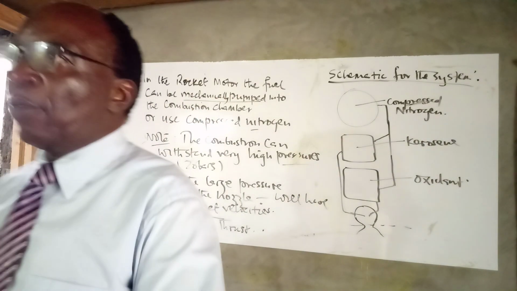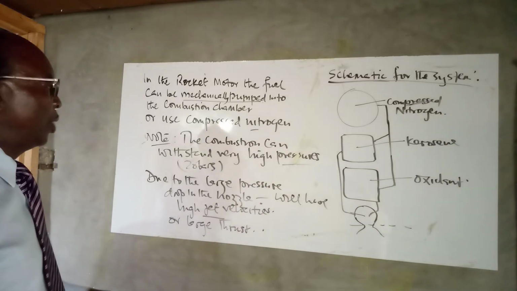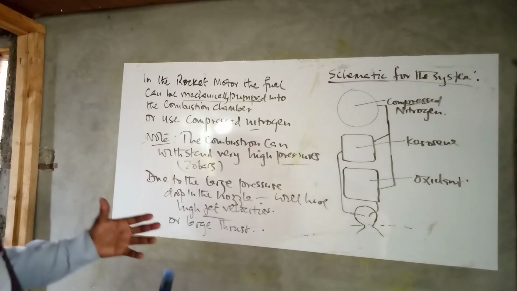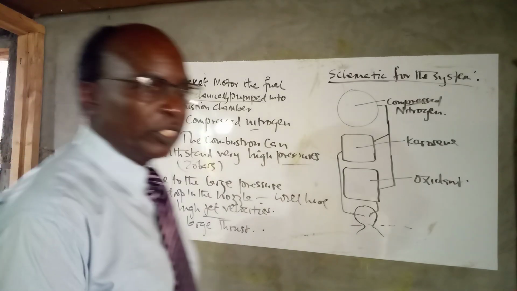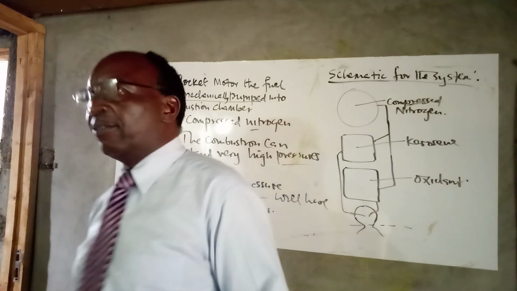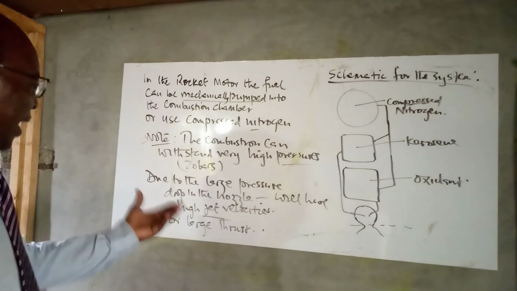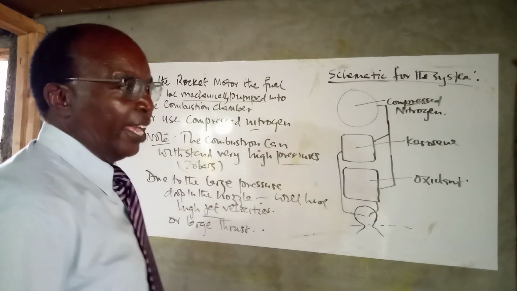You have the combustion chamber and the propelling nozzle, and you can pump the fuel into the combustion chamber mechanically, or use compressed nitrogen to achieve the same results. And because of those pressure drops, we get very high jet velocities and high thrust.